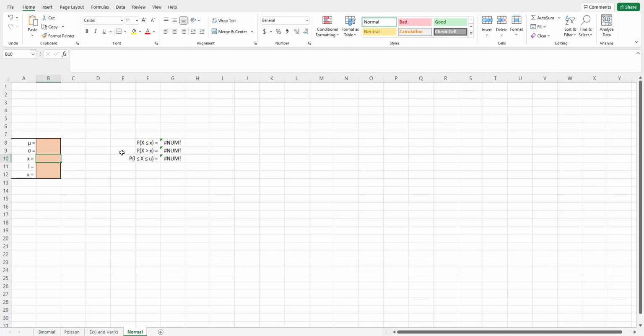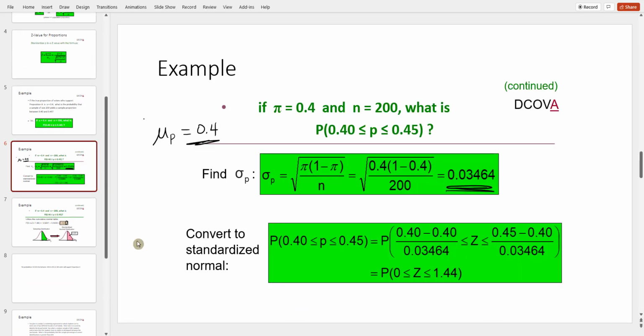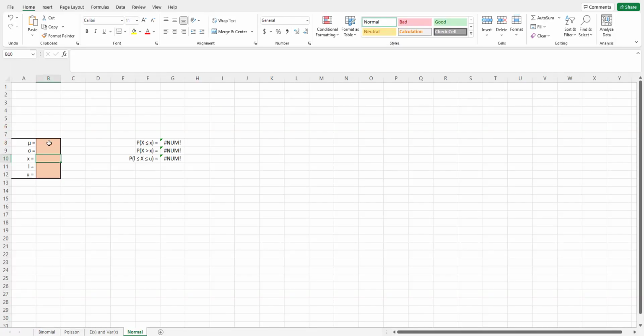You can also do these calculations in my Excel template. If we go back to the first problem, we know that the mean is 0.4 and the standard deviation is 0.03464, and we're looking in between 0.4 and 0.45.